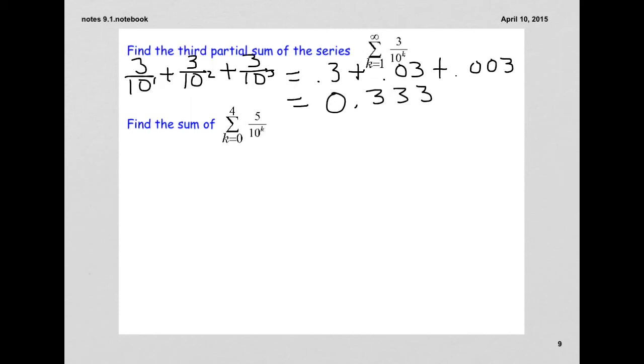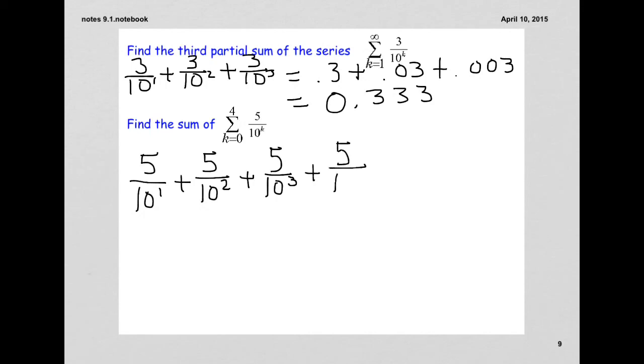Okay, now we want to find the sum of k equals 0 to 4 of 5 over 10 to the k. So that's going to be 5 over 10 to the first plus 5 over 10 to the second plus 5 over 10 to the third plus 5 over 10 to the fourth.